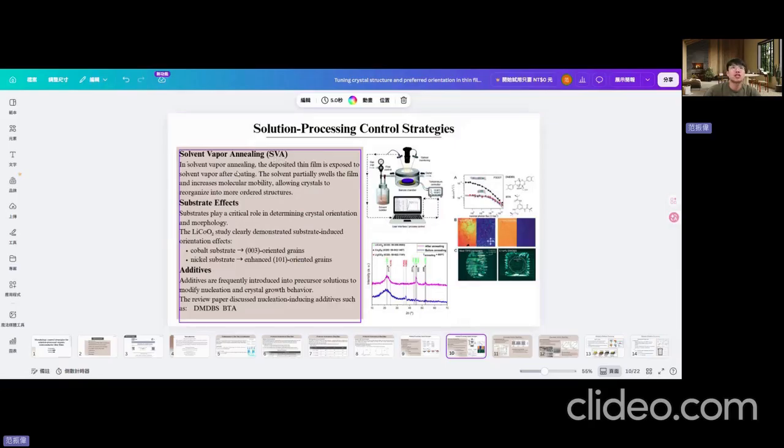First one is this one, and then substrate effects and additive activities. About the first, SVA, the grain size increased, and then the second is defects decrease, and then the final is charge mobility improved by 2 orders of magnitude.